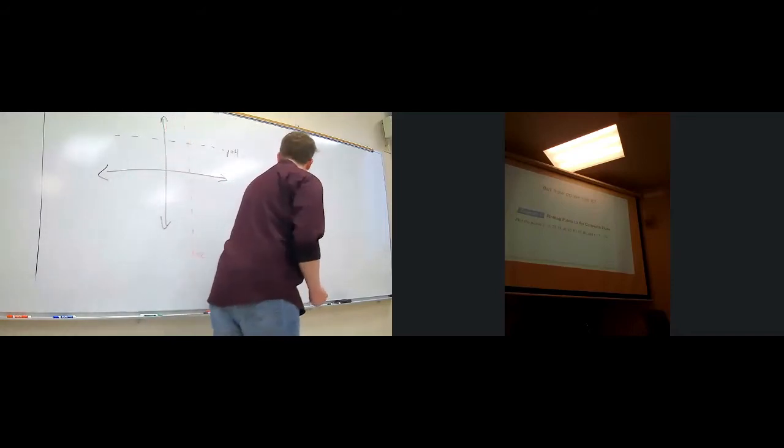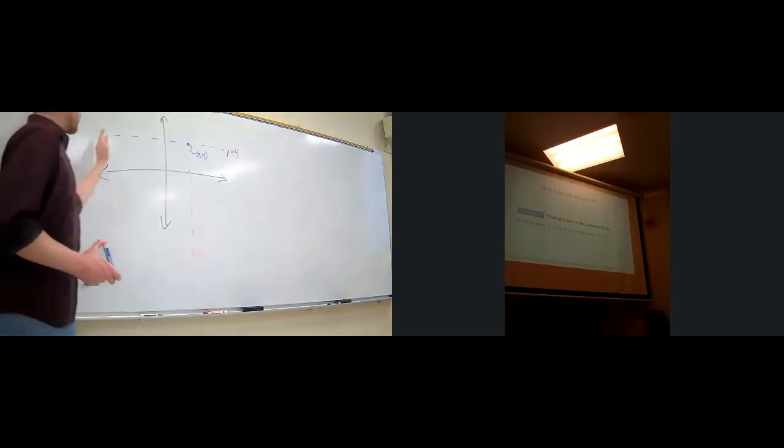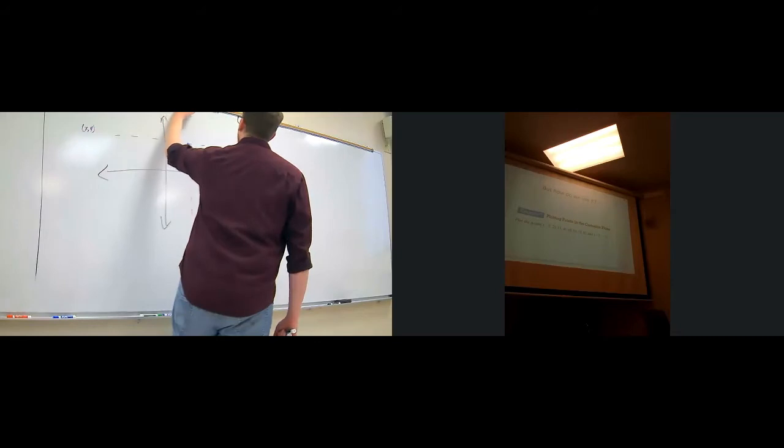And here might be x is equal to 2. So this point would correspond to (2, 4). And every point along this purple line will correspond to some x value, 4. And every point along the red will correspond to 2 and some y value, right?